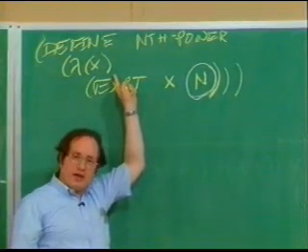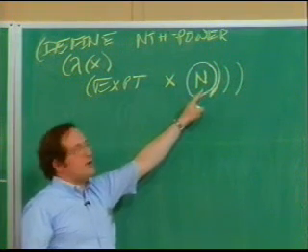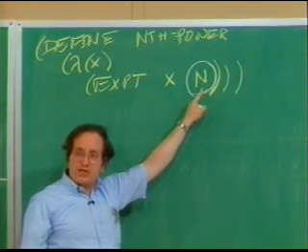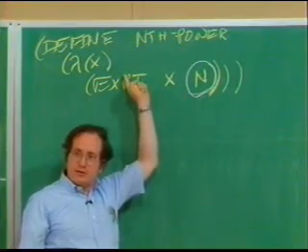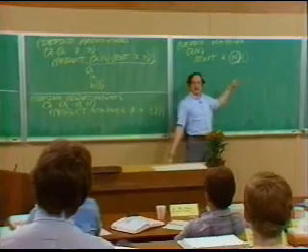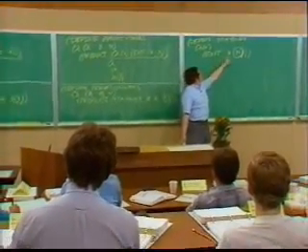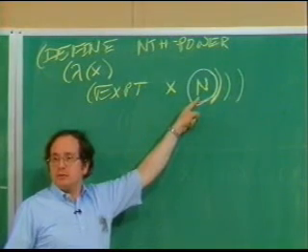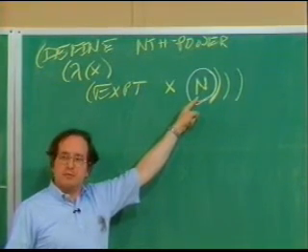The environment model tells us that the meaning of a free variable is determined in the environment in which this procedure is defined. In the way I've written it, assuming these things are defined on the blackboard as is, this is defined in the global environment where there is no n. Therefore, n is an unbound variable.